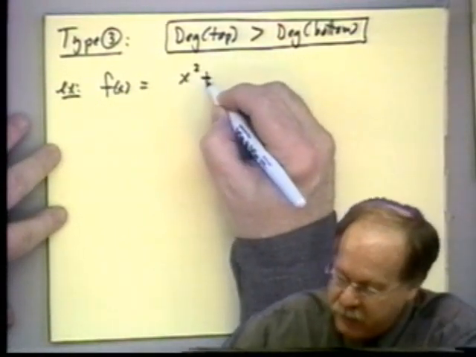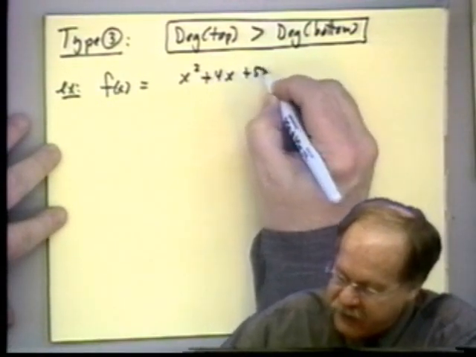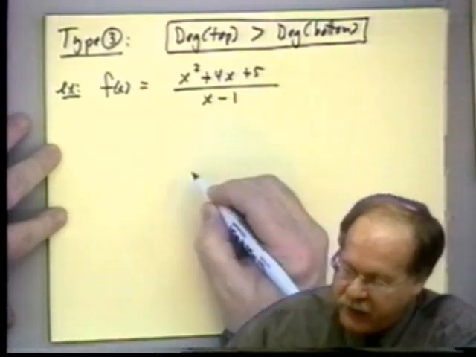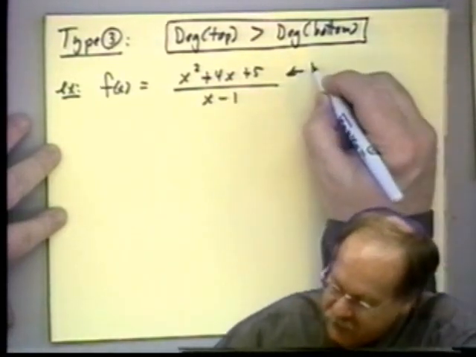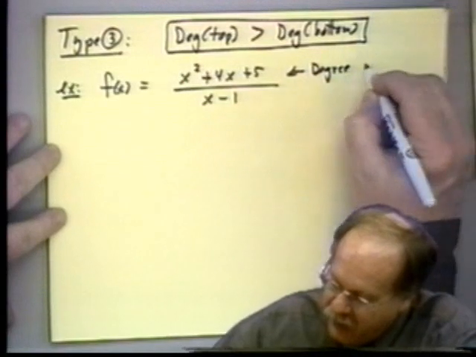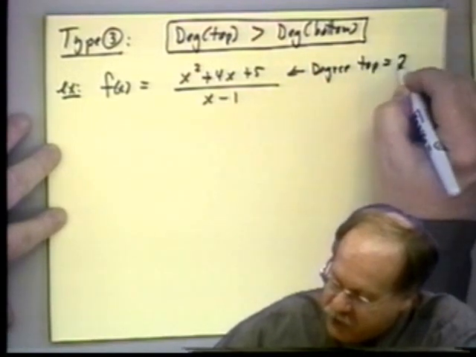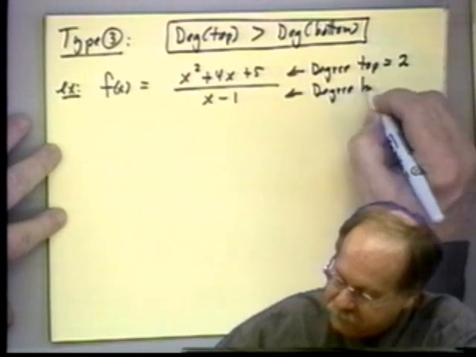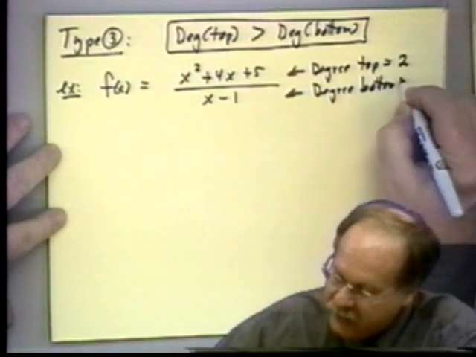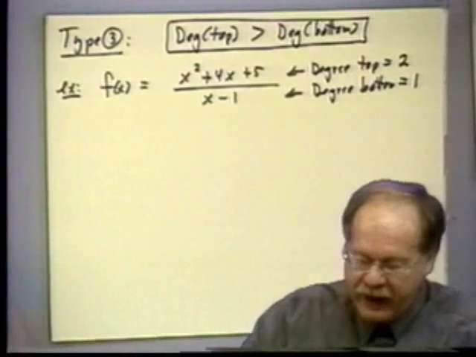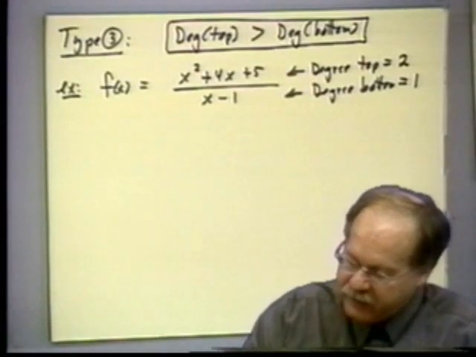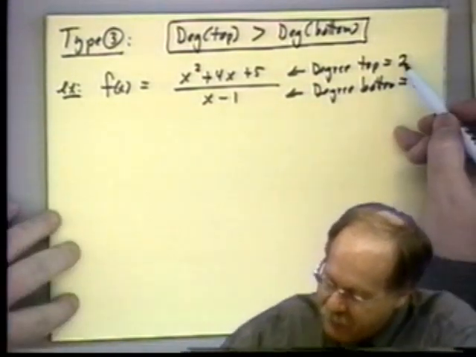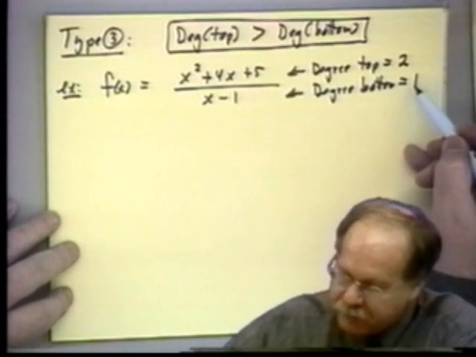Say x squared plus 4x plus 5 over x minus 1. Now notice that the degree of the top is equal to 2 here, and the degree of the bottom is equal to 1. And as we've said before, this is the example where the degree of the top is greater than the degree of the bottom.